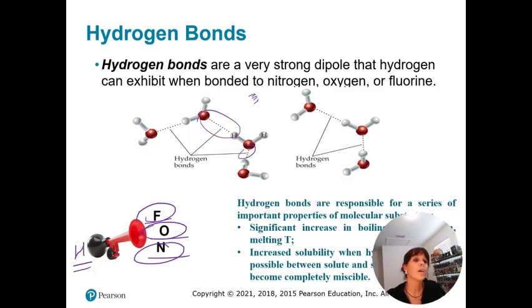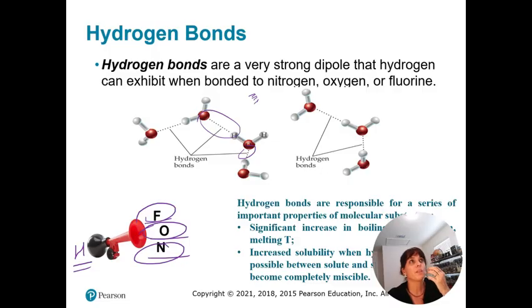And this type of force, or actually intermolecular force in general, will affect a series of important properties like boiling point, vapor pressure, or solubility, a lot of different properties.